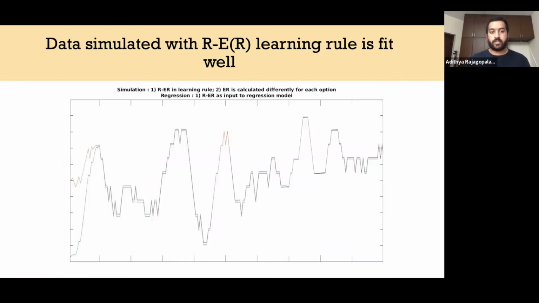And so this is just an example where I simulated turning behavior using a learning rule that incorporated reward minus expected reward, and found that the regression model can in fact very nicely fit or predict the behavior.